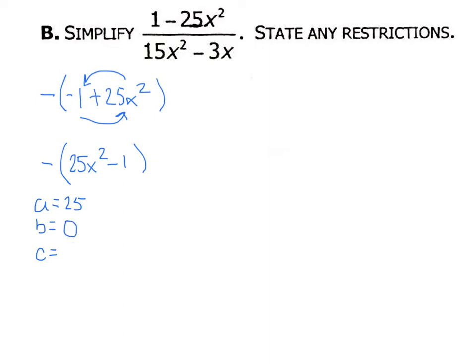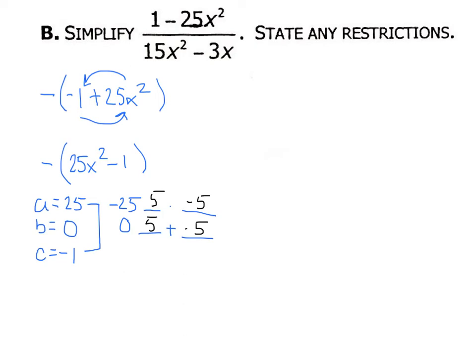And C is -1. When we do A times C, 25 times -1 is -25. And B is 0. What's going to multiply to be -25 but add to be 0? Should get 5 and -5.